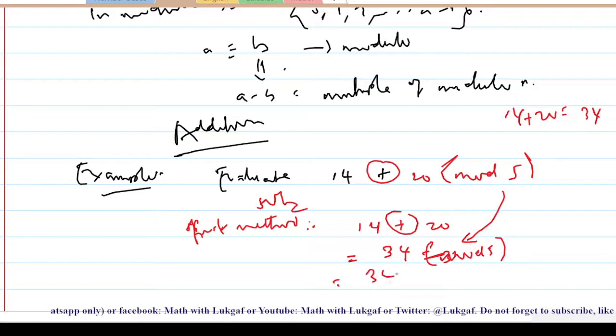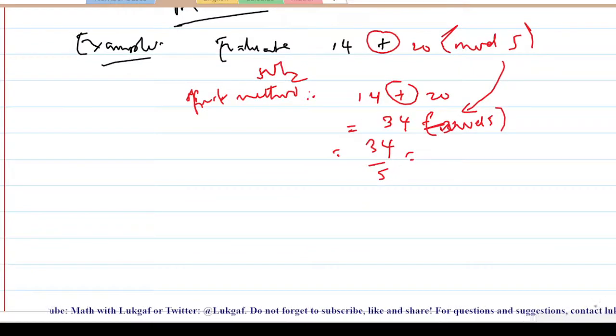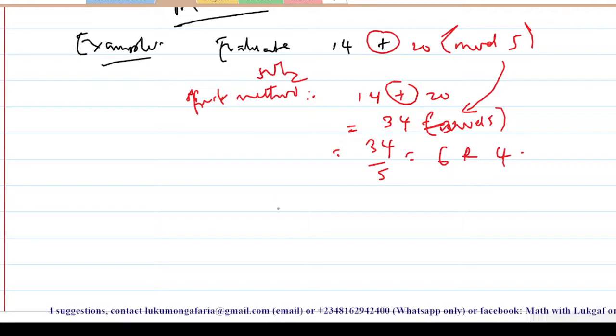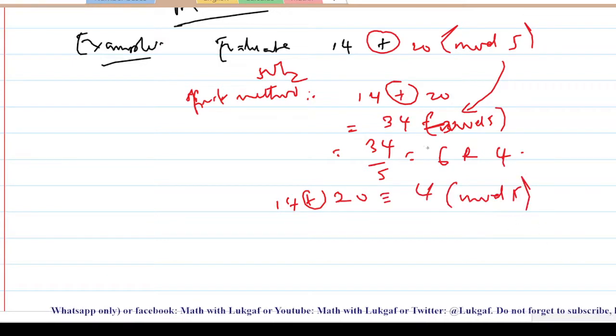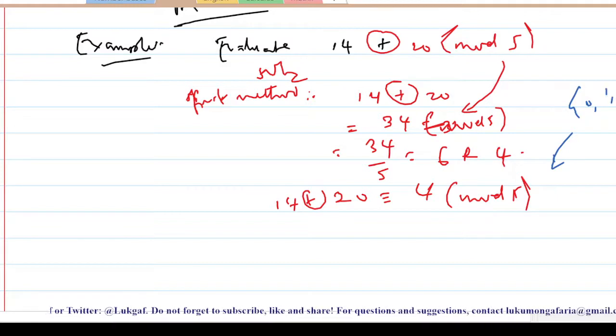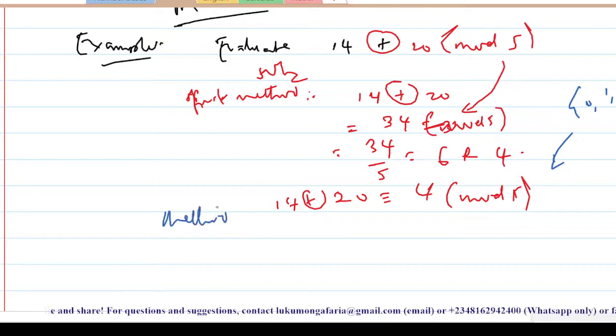So you say 34 divided by 5, and you write the remainder. Don't forget, modular arithmetic works with only the remainder. How many 5s are you going to see in 34? 5 in 34 is 6, remainder 4. Then you can say 14 plus 20 is congruent to 4 in modulo 5. You will observe that we've reduced it to a number that falls between the residues of modulo 5.